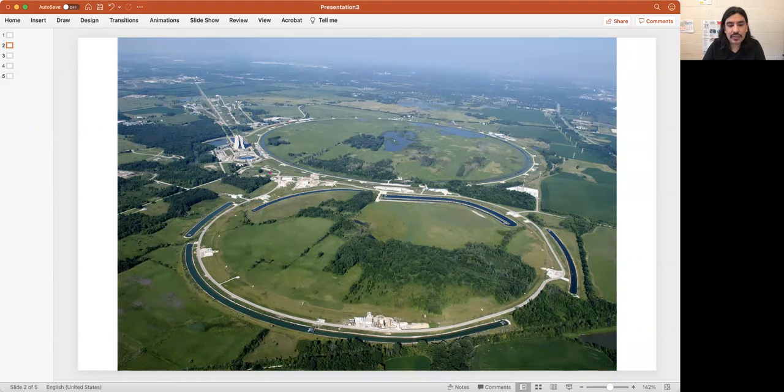Chicago. It's called Fermilab. And what they do is that they have protons that get accelerated to relativistic speeds. And because they're moving super fast, they have a lot of energy. A lot of it is kinetic energy. Their internal energy is still the same because they're still protons, right?